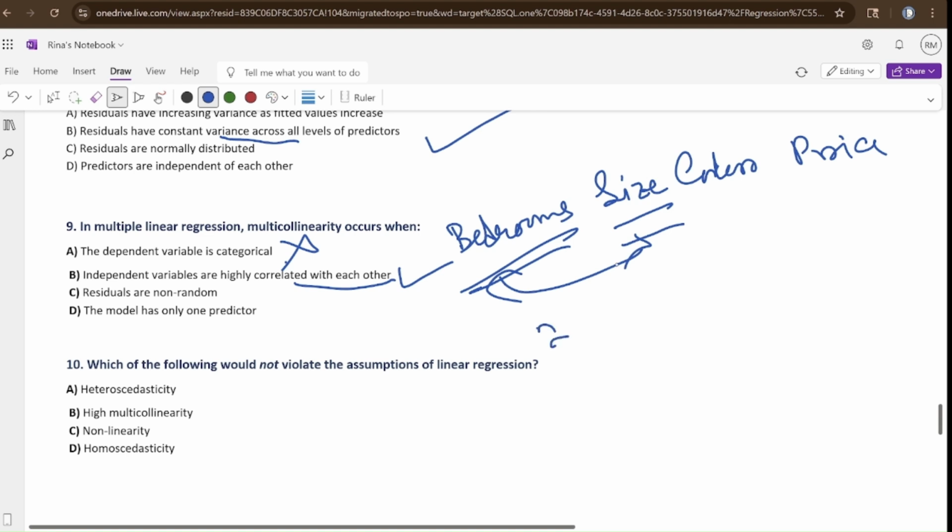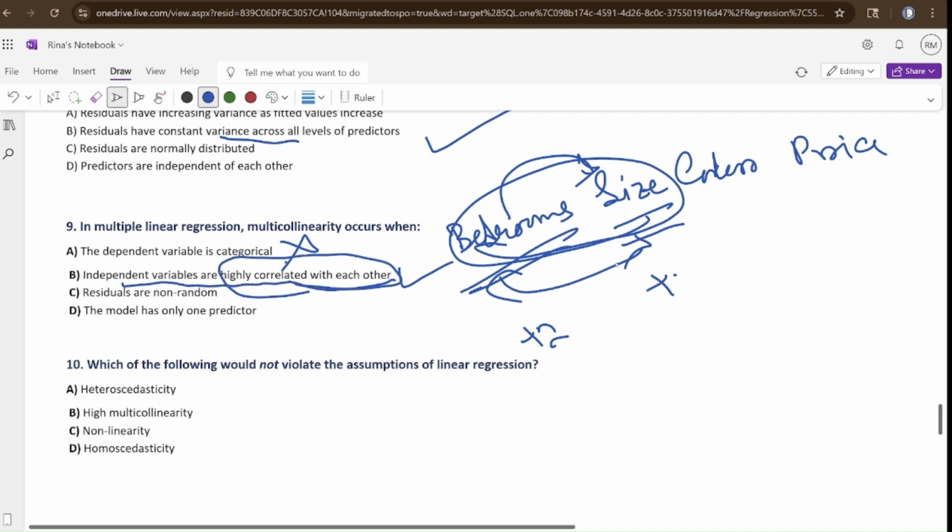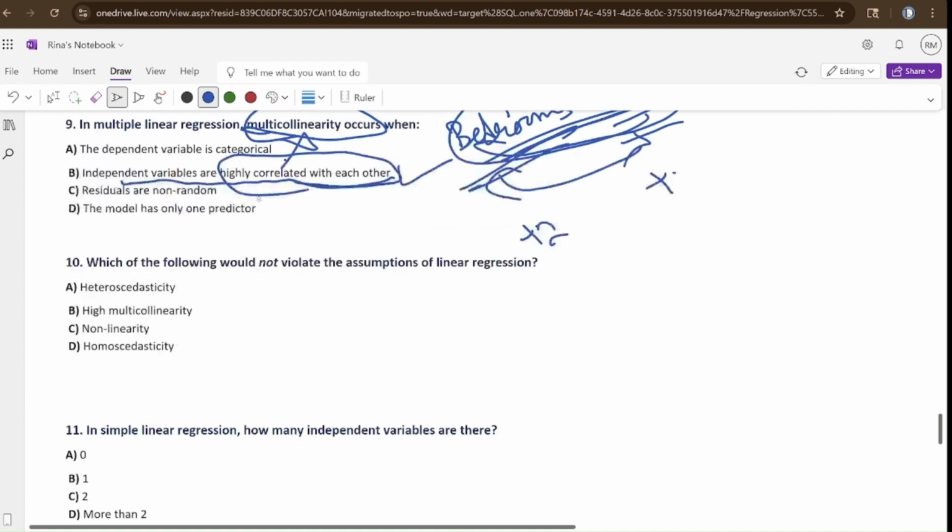If I increase the number of bedrooms, automatically size will also increase. So if there are dependencies among the independent variables, then multicollinearity occurs. So if independent variables are highly correlated, multicollinearity occurs, and then the linear regression model also cannot be applied.